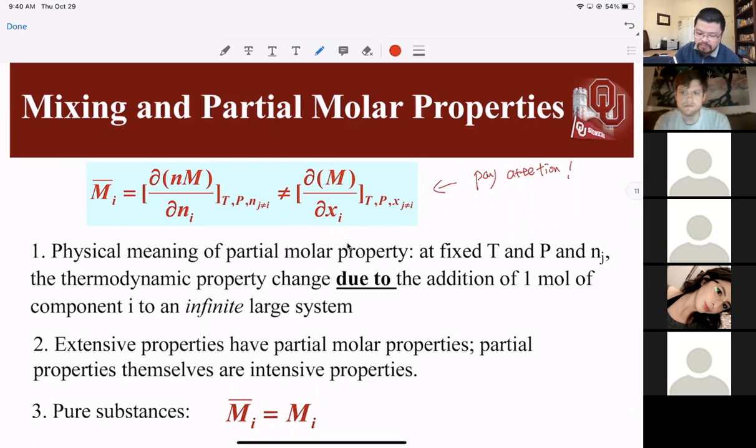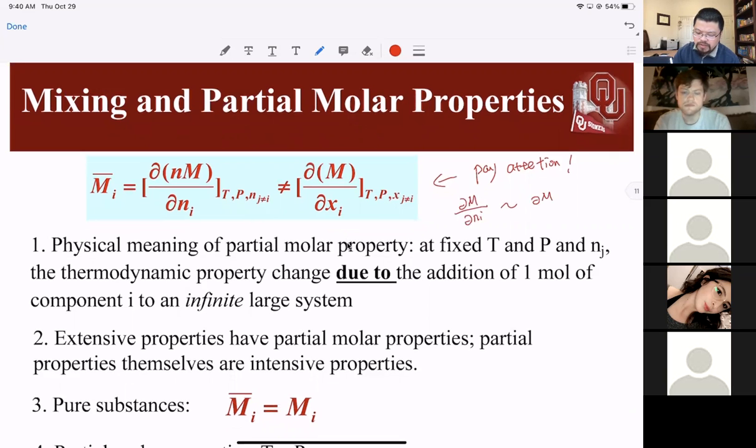Mathematically, it's quite common for us to think about the partial derivative with respect to dni, and then somehow convert that into dxi. And we somehow develop the idea that they should be interchangeable.